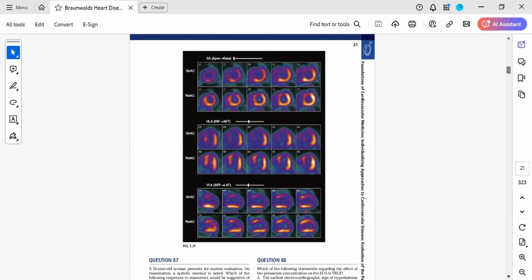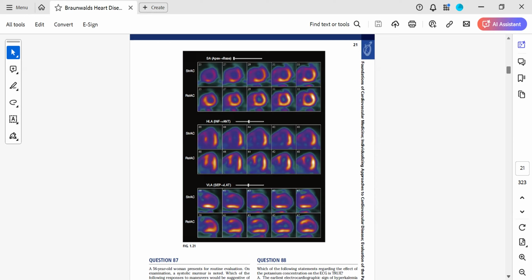So for this image, if you look at the vertical long axis area, we'll see that even the horizontal long axis, that's the mid portion images, the horizontal long axis showing the inferior and anterior, we can see that at rest, the only place where you have reduced flow at rest is about between 12 and 1 o'clock.